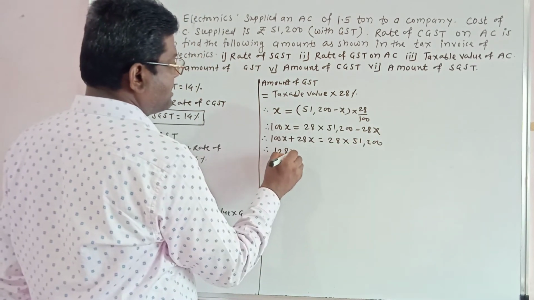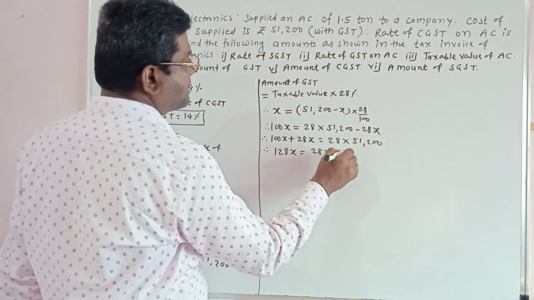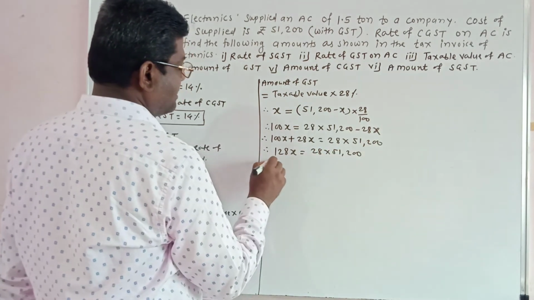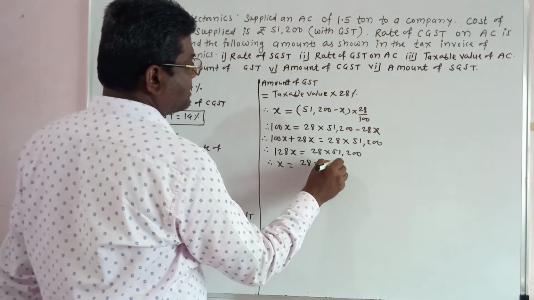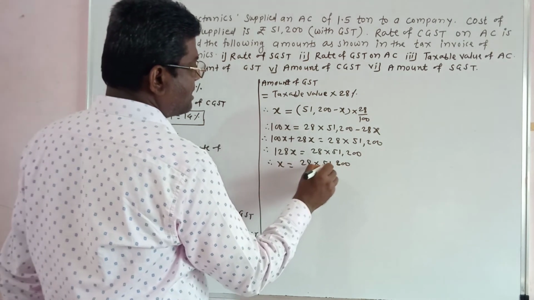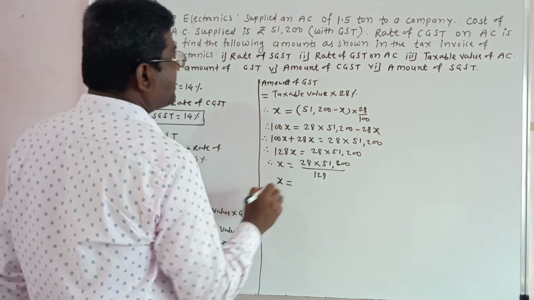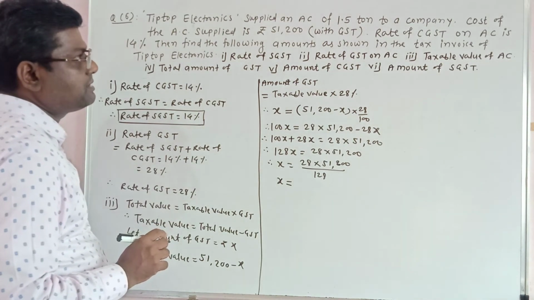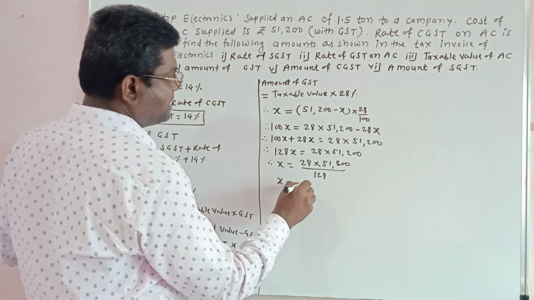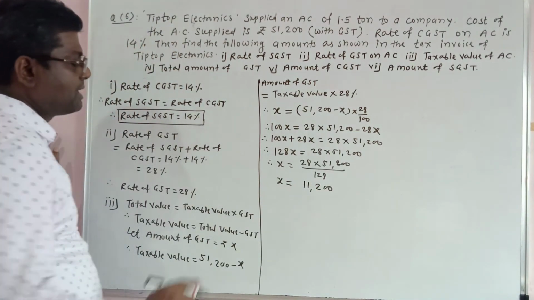Therefore, 128x is equal to 28 into 51,200. Therefore, x is equal to 28 into 51,200 upon 128. If we calculate this amount, it will be 11,200.